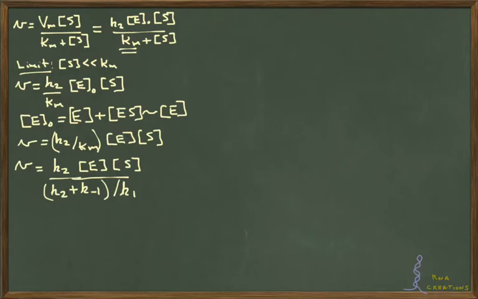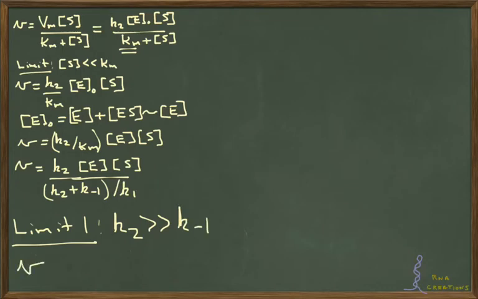And limit 1, within the kcat over Km limit, is that I let k2 be big. And we can see when that's true that the velocity is simply equal to k1 times E times S. Right?